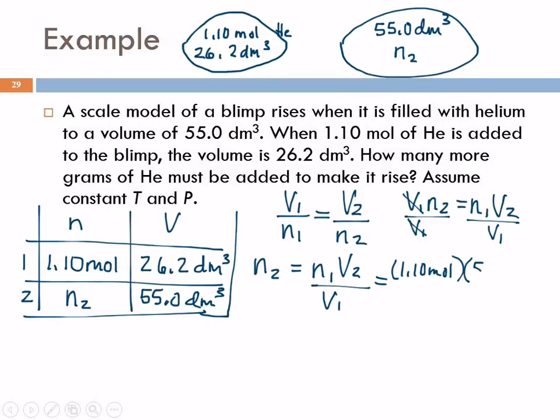Volume 2 is 55 cubic decimeters. And the first volume was 26.2 cubic decimeters. Look at the units. Cubic decimeters cancel out. We weren't really happy about those anyway, but there they were. 1.1 times 55 divided by 26.2.